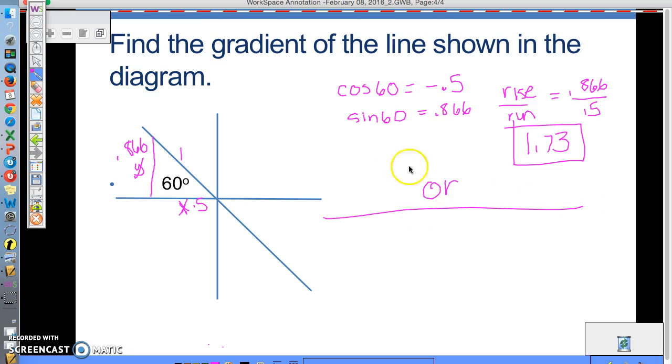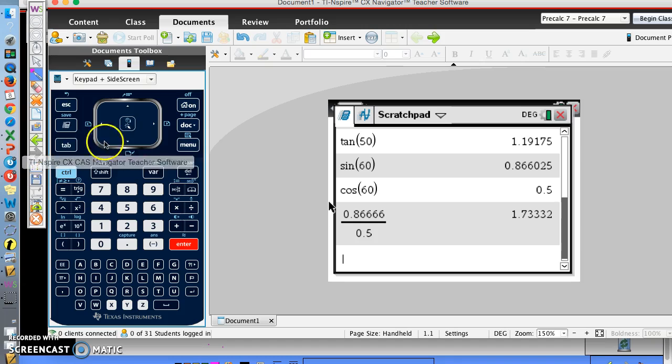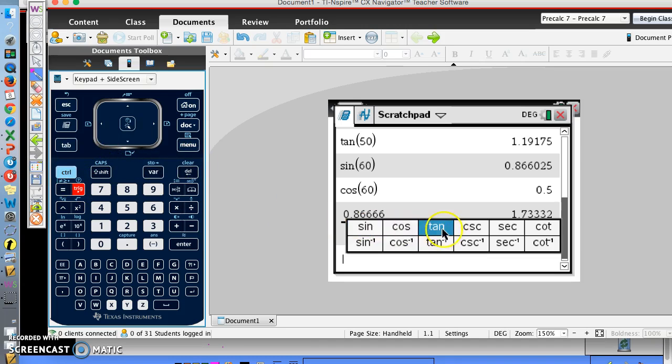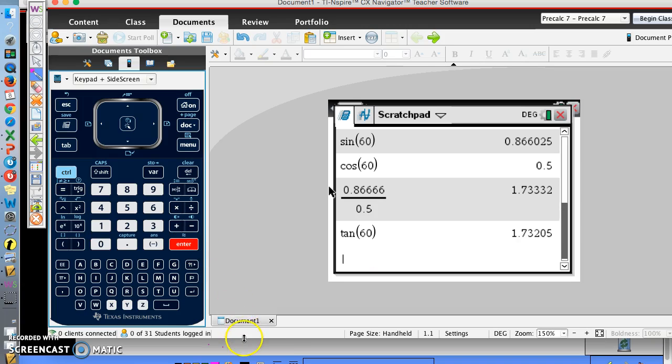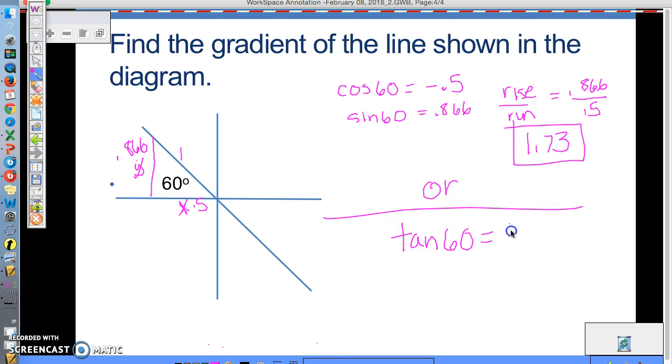Or some of you might be looking at this and saying, well, that's rise over run, that's our tangent, y over x. So let's check the tangent of 60. Make sure we get that same thing. 1.7273. Oh, looks like I added too many sixes. So we have that same thing. But one thing I notice here is this line's going down, so we need to add that it is a negative.